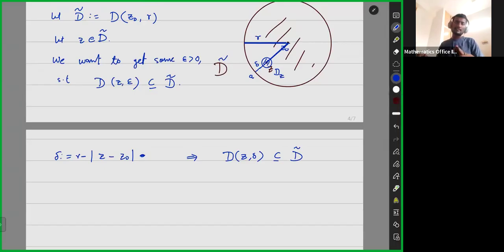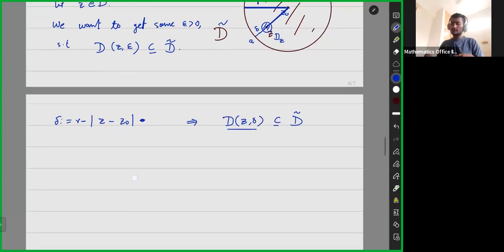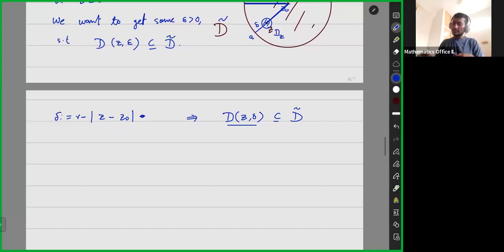If we get some epsilon less than delta, that ball will also be contained. This is the biggest ball around z which is contained inside D, but we want something lesser than that, so no need to worry.